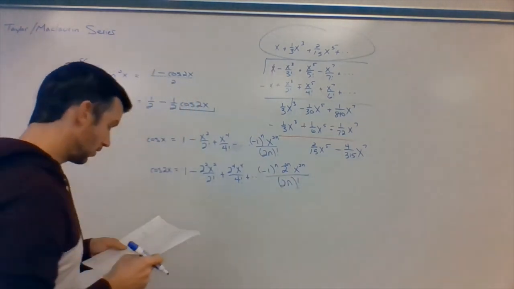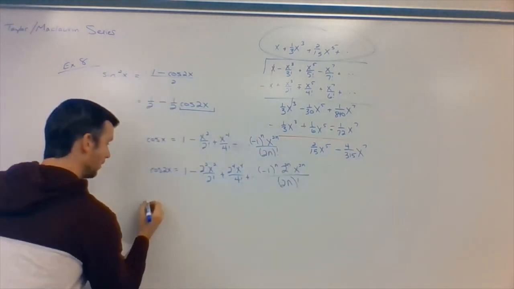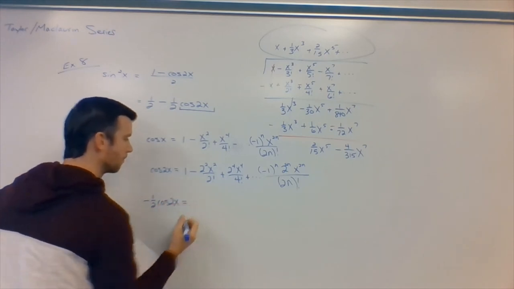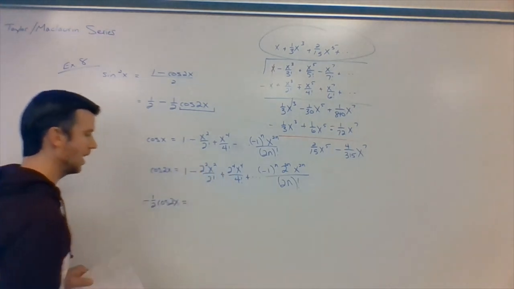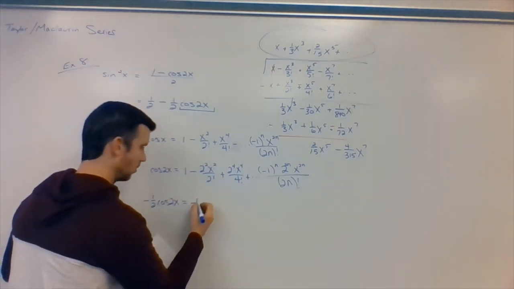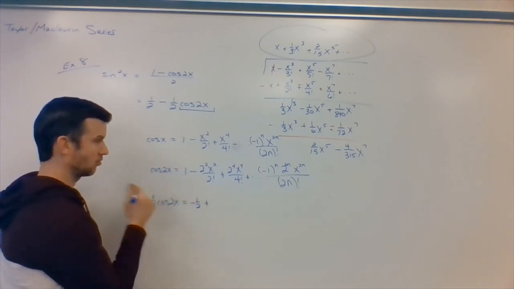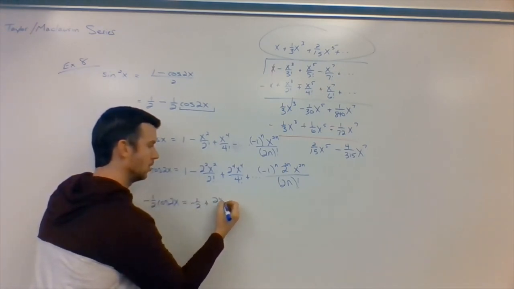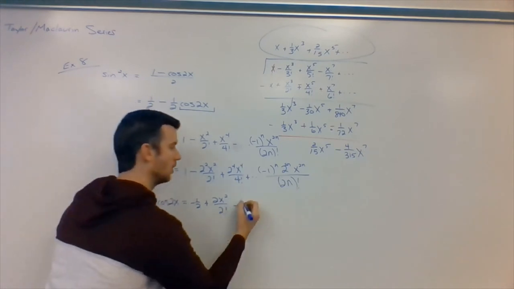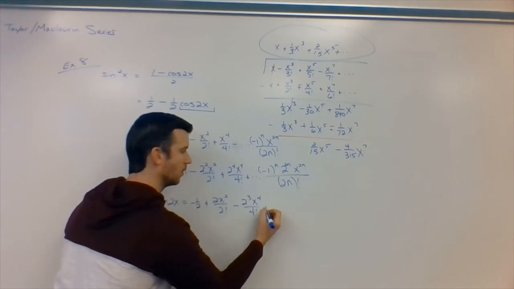Okay? So, if I distribute my negative 1/2 into that, I get negative 1/2 plus 2 squared x squared over 2 factorial minus 2 to the 3rd x to the 4th over 4 factorial.